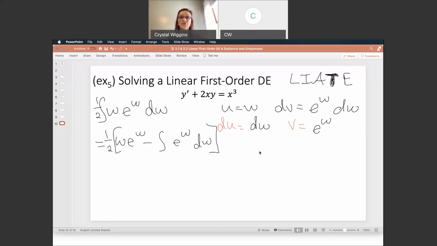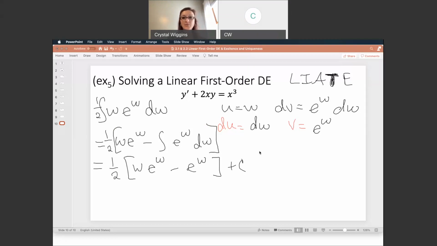Awesome. Now in our integral, we just have a single function that we can very easily take the antiderivative of. So we have 1/2 times w e to the w minus the antiderivative of e to the w is e to the w. And we will tack on our plus c now. Let's sub what we let w equal.